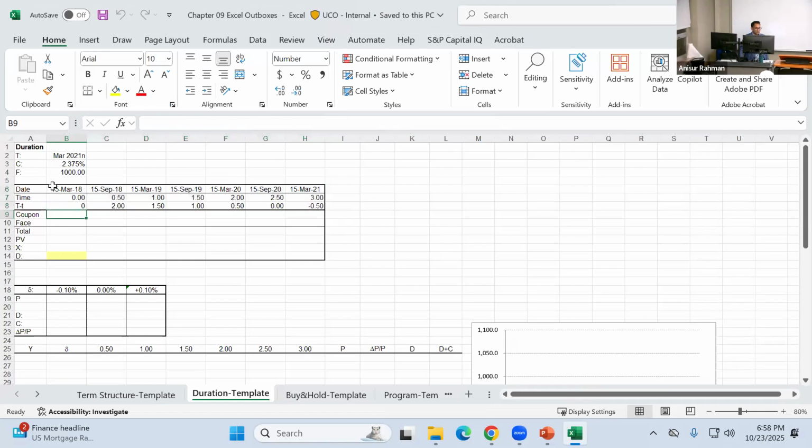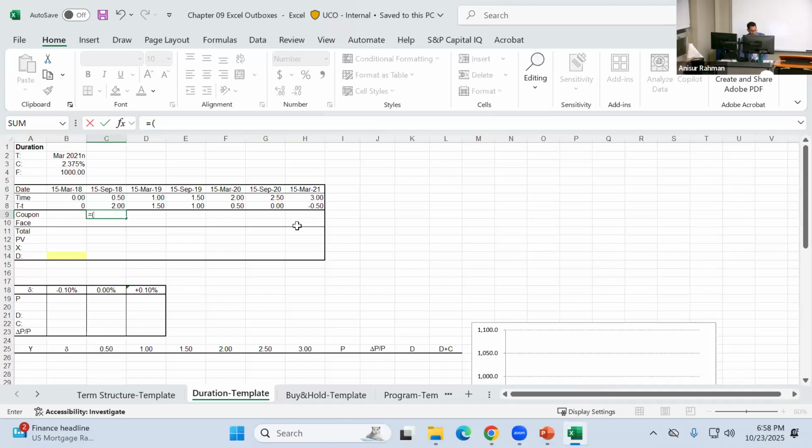Now, this is today, that's why you see 0 here. So our first coupon will come here, after 6 months. And how do we calculate coupon? Percentage of face value times interest rate.